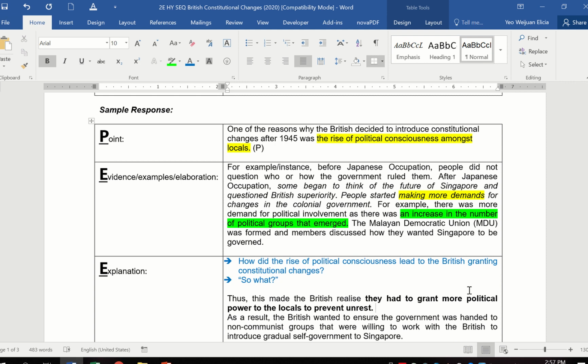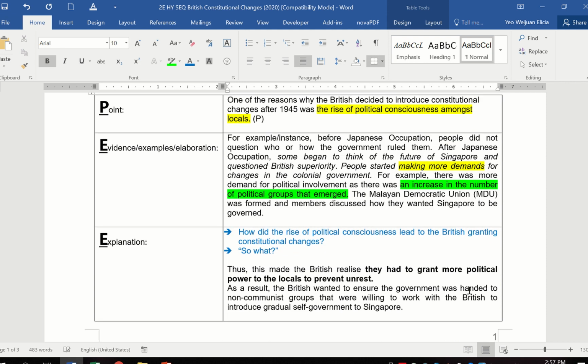So as a result, the British wanted to ensure the government was handed to non-communist groups that were willing to work with the British to introduce gradual self-government into Singapore.